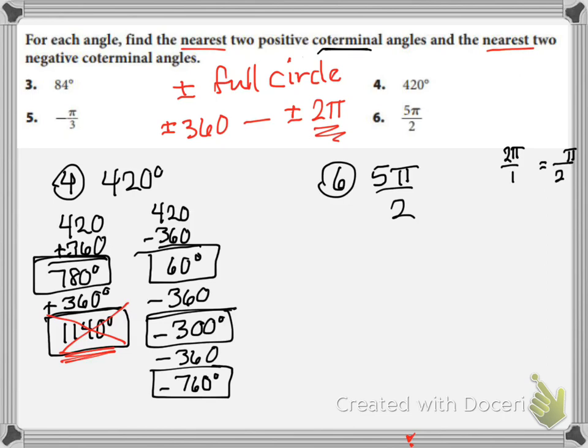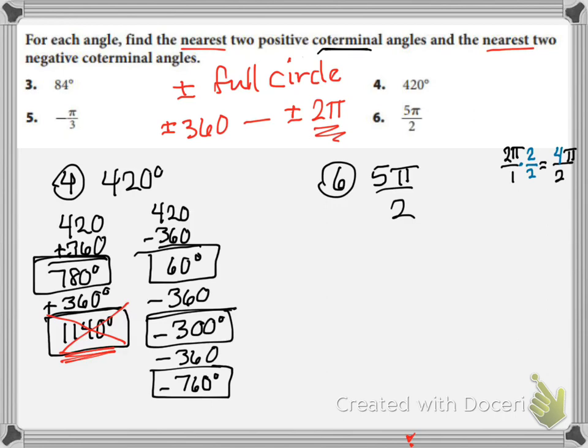If I want this to turn into 2 on the bottom, then I need to multiply the bottom by 2. And since I want to change the way it looks without changing its value, I have to multiply 2 over 2. So I'm really just multiplying by 1. So the top is 2 times 2 is 4 pi over 2.